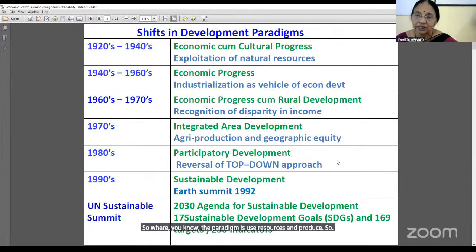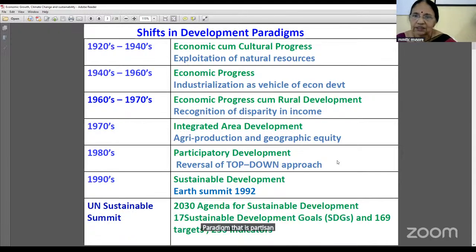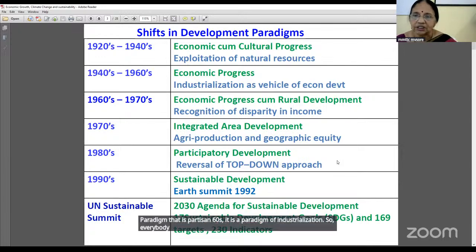Accordingly, public policy is also promoting the use of natural resources and economic development. Whereas in the second paradigm, that is the 40s and 60s, it is a paradigm of industrialization. Everybody thought that industrialization is the only vehicle for economic development, and governments gave more and more importance to industrialization.